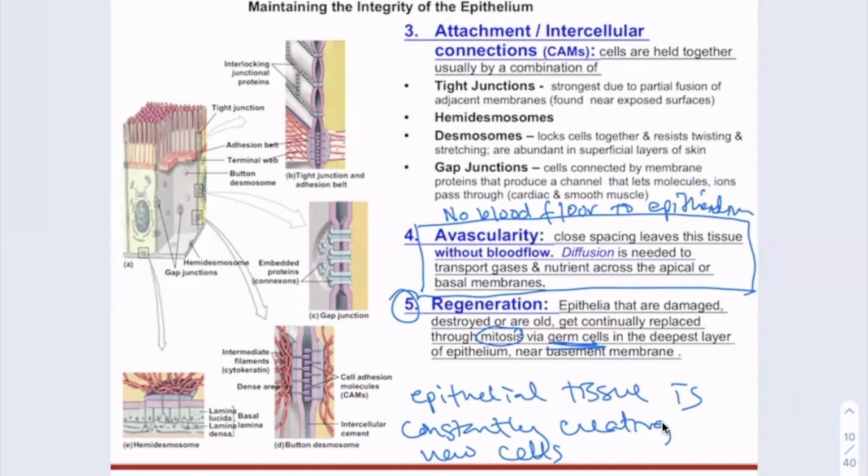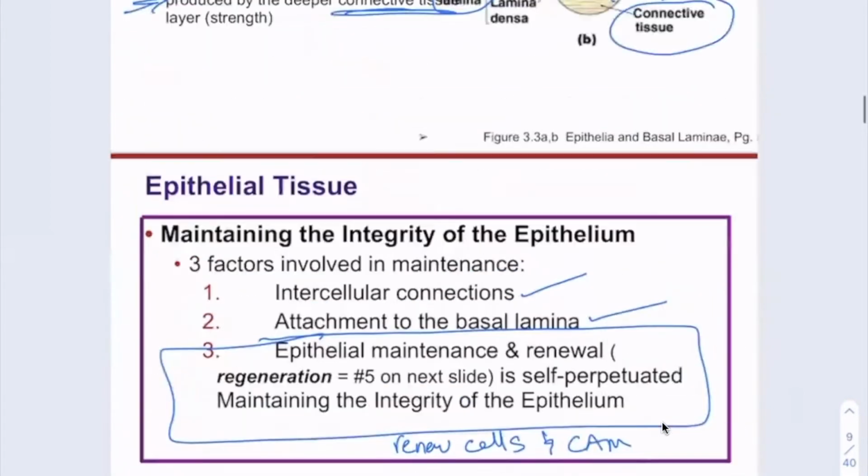So it acts as a barrier and separates whatever is on the external exposed surface or apical surface from the underlying blood vessels in the connective tissue layer beneath it. So it's avascular. A means without blood flow. And so these cells have to get nutrients, oxygen, carbon dioxide, via diffusion from the underlying connective tissue layer down below.